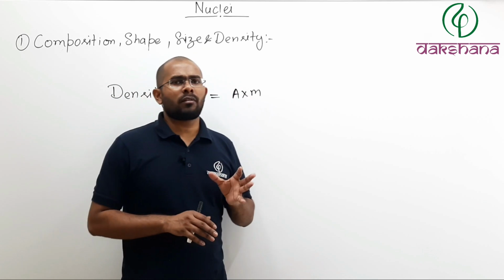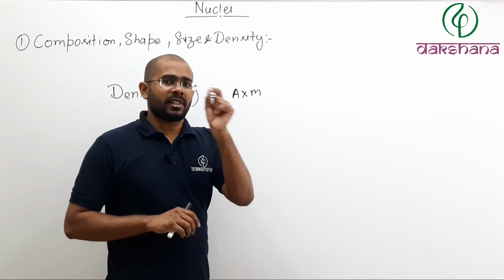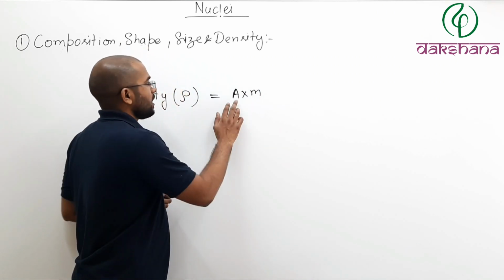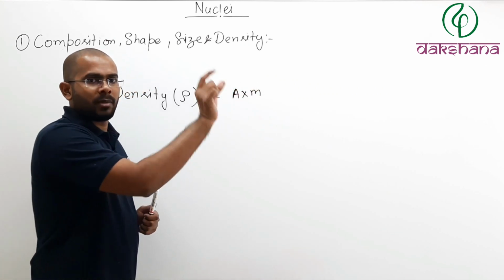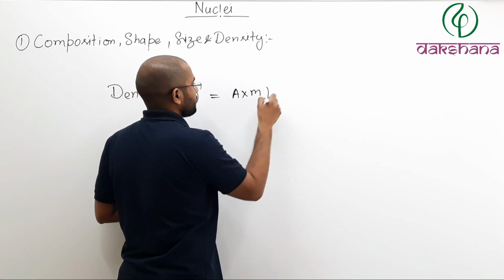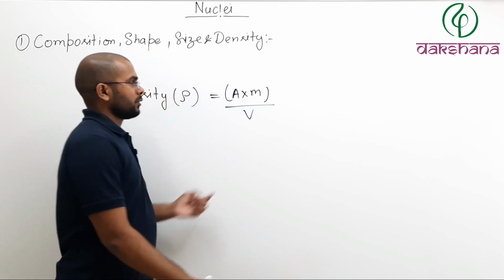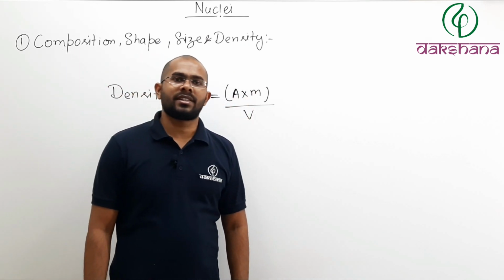For normal calculation, you can take both to be same, unless it is explicitly given to take them differently. So I will say mass number A, which is the number of nucleons, multiplied by mass of one nucleon, divided by volume. So it is total mass divided by total volume, that is your density.